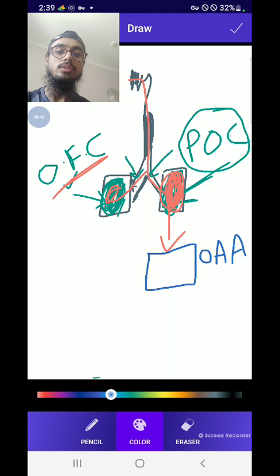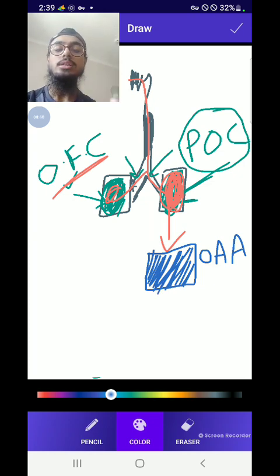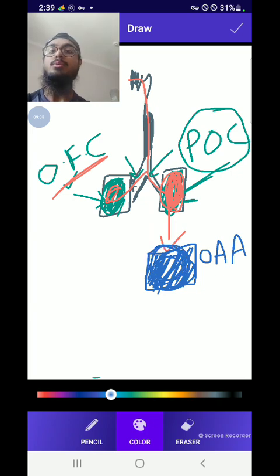What is the function of this area? The olfactory association area recognizes and analyzes the smell. What type of smell is it? Is it a bad smell or a good smell? So all the information comes over here, is recognized, analyzed, and compared with the past memory of the smell.